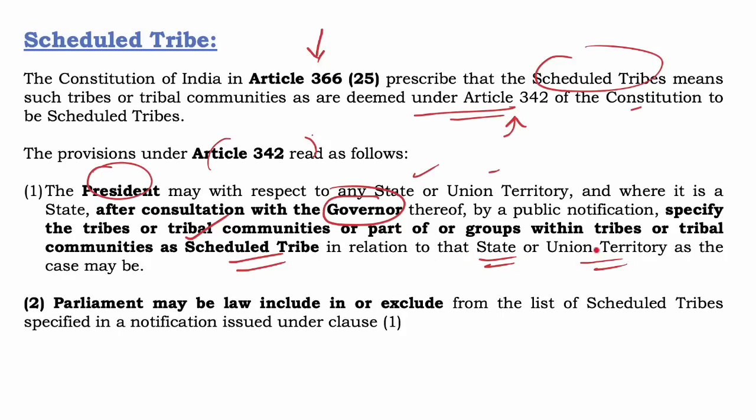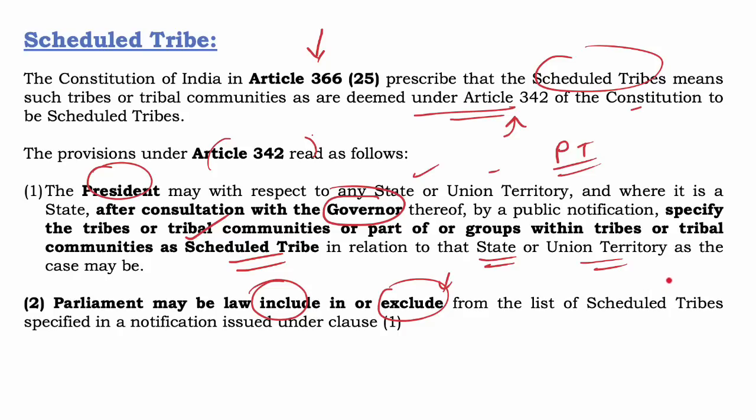So it is to be remembered, as it can be asked in the prelims examination also, that it is the President in consultation with the governor, by public notification, specifying the tribes or the tribal communities as the scheduled tribe. Further, clause 2 of Article 342 says that Parliament may by law include or even exclude from the list of scheduled tribes that are specified in a notification.